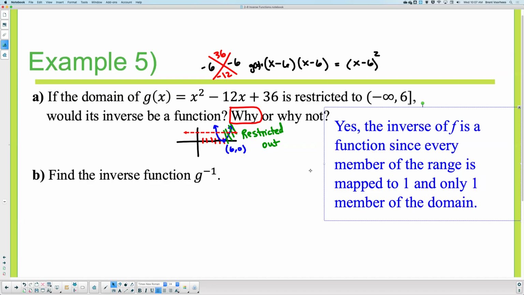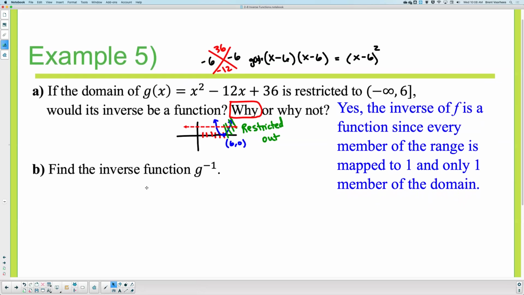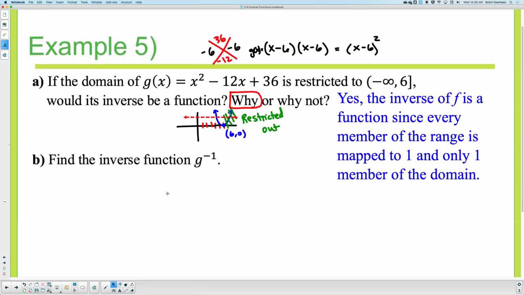So again, an inverse does the opposite. So instead of mapping domain to range or input to output, it now maps output to input. And every member of the output, which is range, has one and only one member of the input domain. Okay, so now, if I had to find the inverse function, here's what I would do.